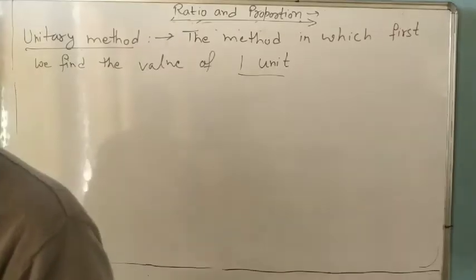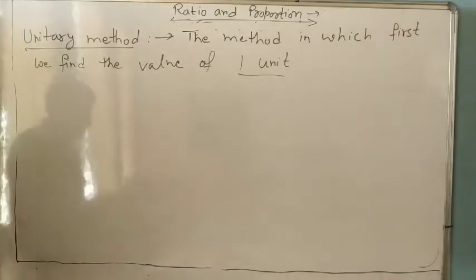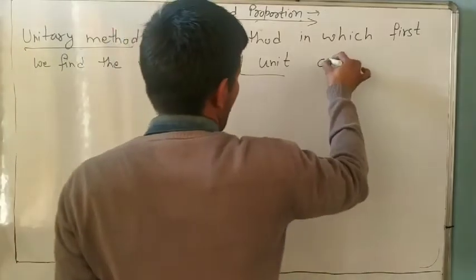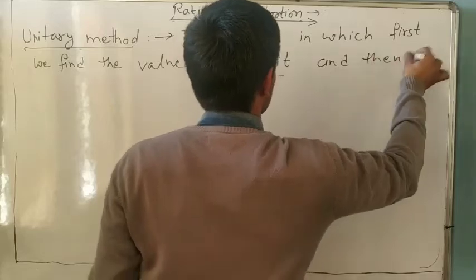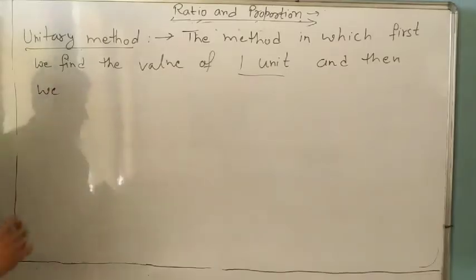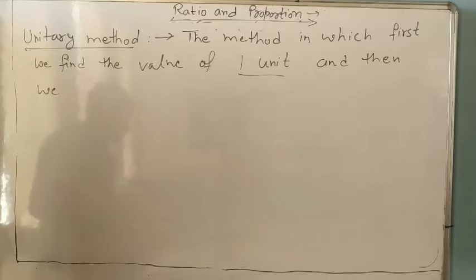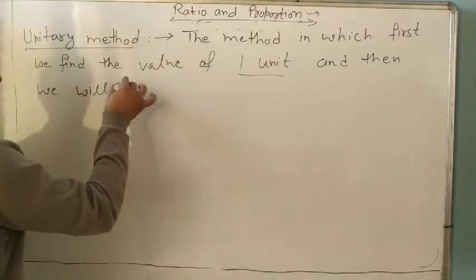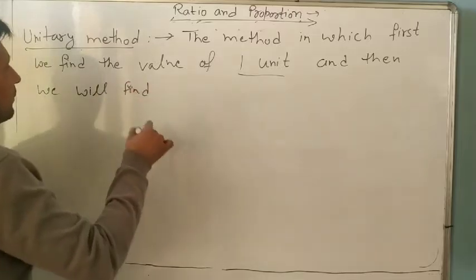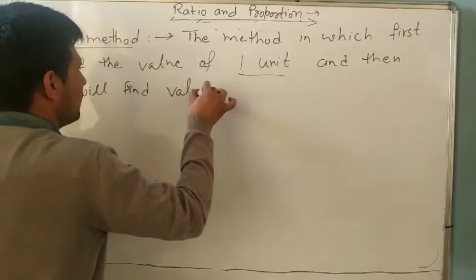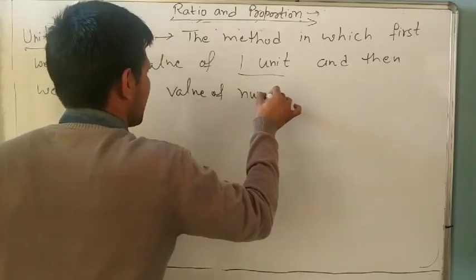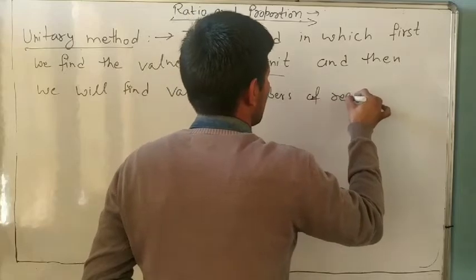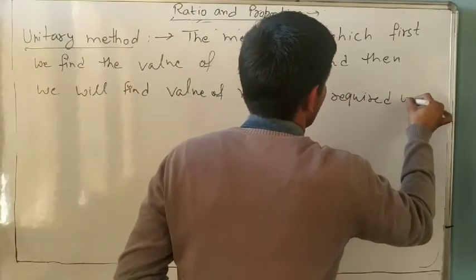First we find the value of 1 unit, and then we find the value of the required number of units.